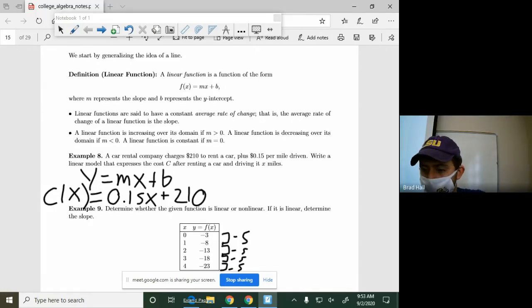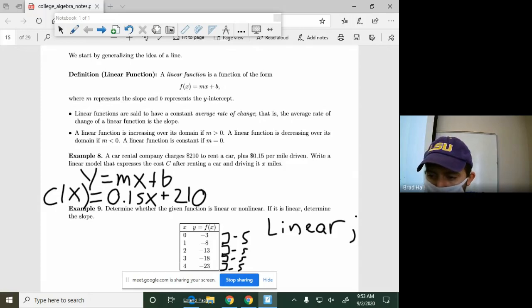So this is linear, with the slope being -5. It's the constant average rate of change, which we said is the slope. So that'll help you answer a few homework questions right there.